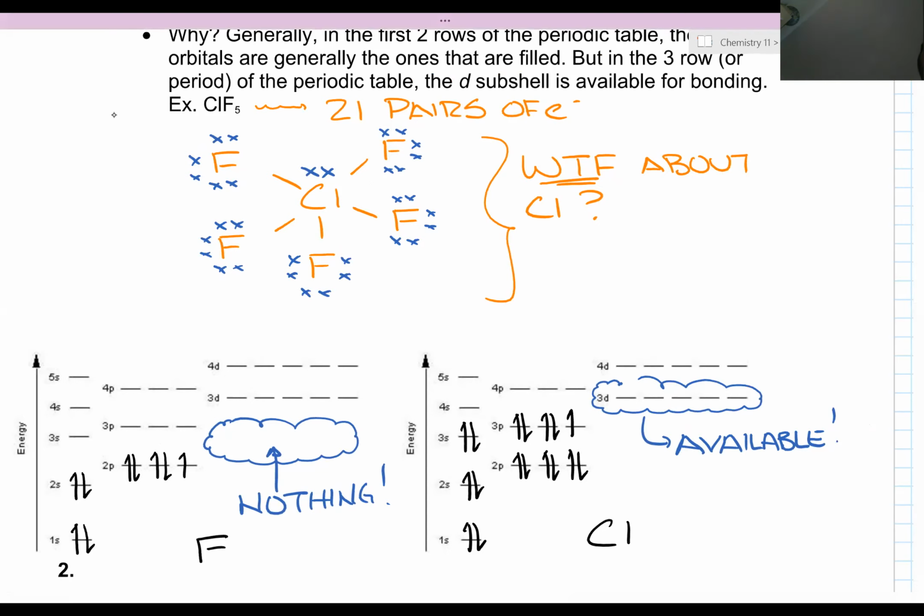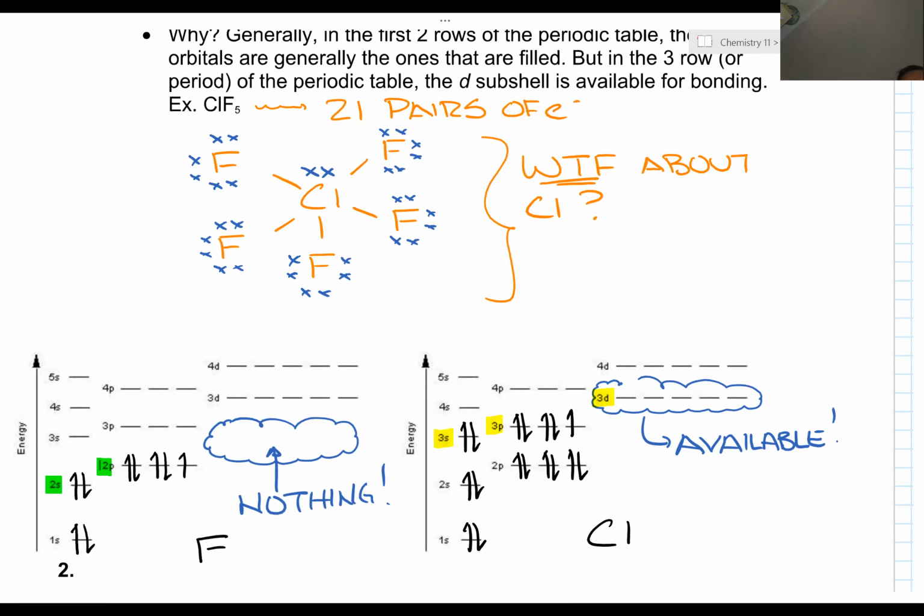So in the third orbit, or third energy level, there's an S, there's a P, there's a D. For fluorine, if fluorine's a central atom, it can only have 8 electrons because there's only a 2s and a 2p. Okay, so it all really depends on the electron configuration.